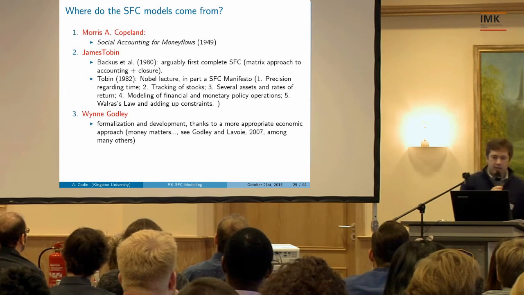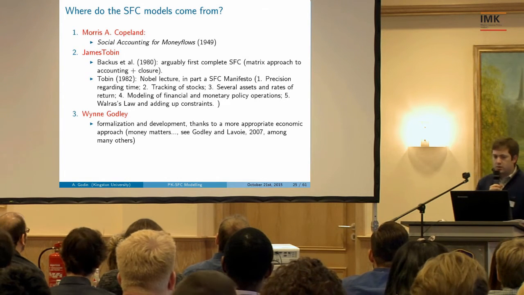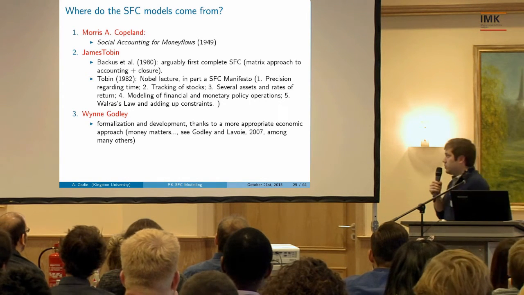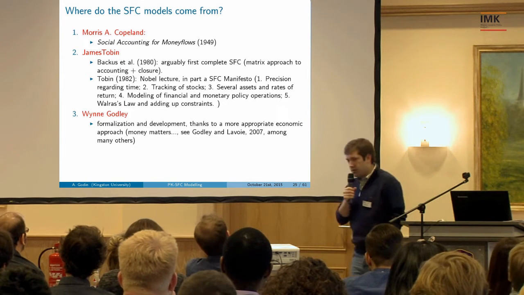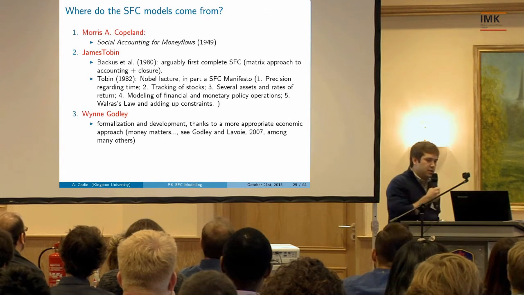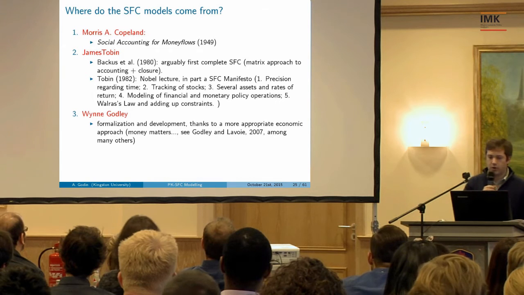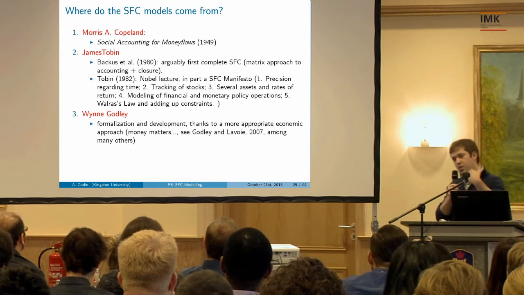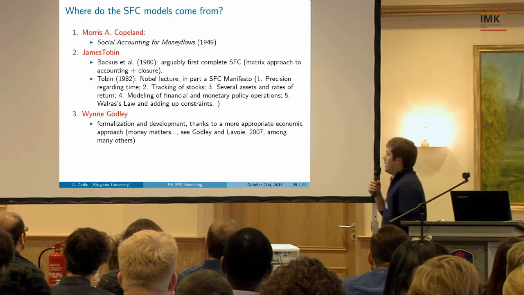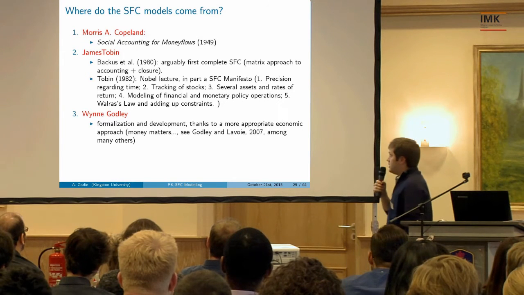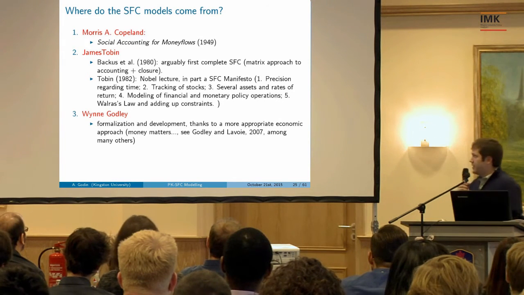And then in the 1980s, James Tobin started his work, mostly on portfolio allocation, and he arguably has the first complete Stock-Flow consistent model, where you have a matrix approach to accounting plus a closure in terms of modeling. And his Nobel lecture in 1982 is clearly part of an SFC manifesto.